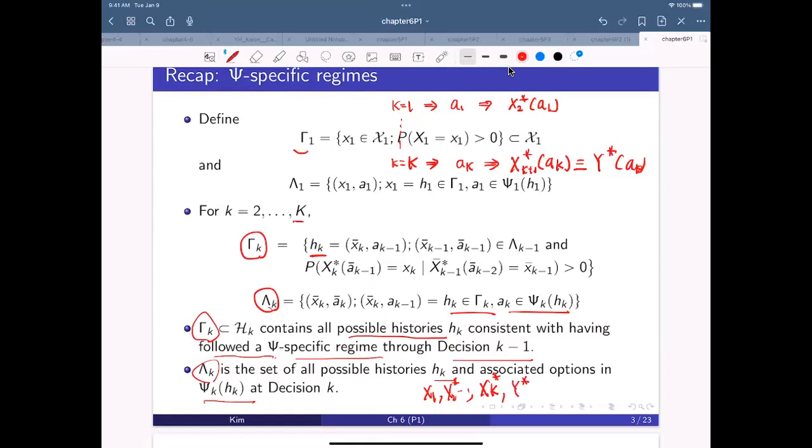So the first one determines X2 star, K-1 determines XK star, and K determines Y star. So that is this.